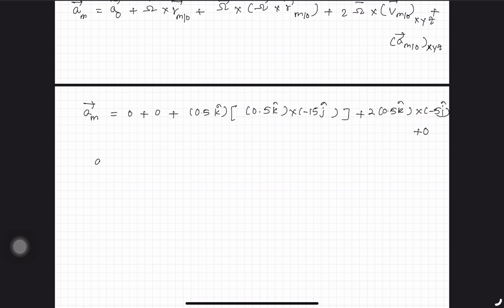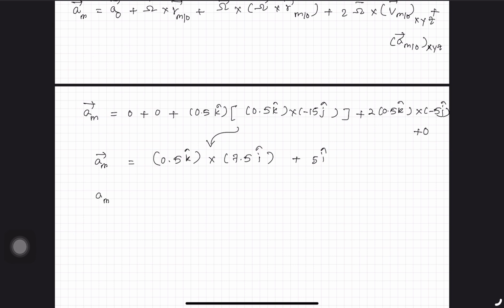So in the simplest form, that is going to result in 0.5 k cap cross 7.5 i cap from here, and then 5 i cap.